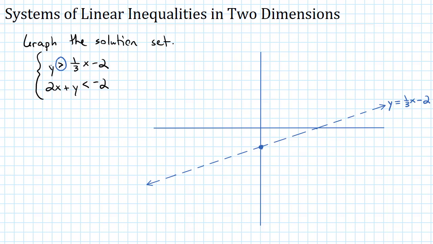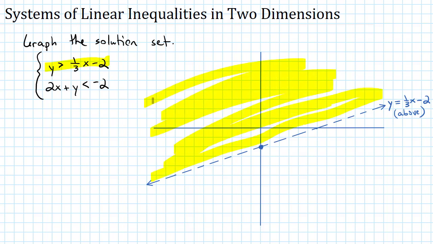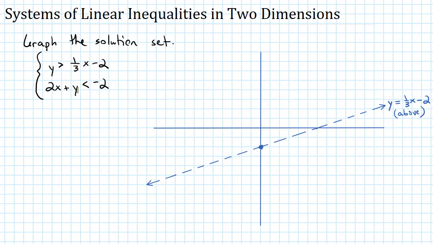And since this says y is greater than, we need to shade above this boundary line. So if we were just graphing the solution set for this first inequality, it'd be everything above this boundary line, right? But we're not. We need to figure out where that region overlaps with the half plane from our second inequality. So now we need the boundary line for 2x plus y is less than -2.